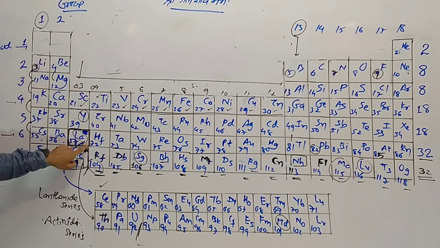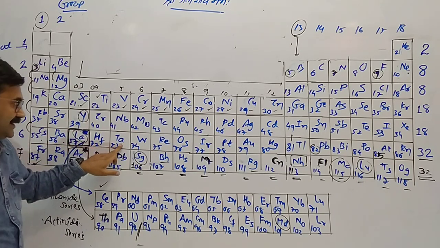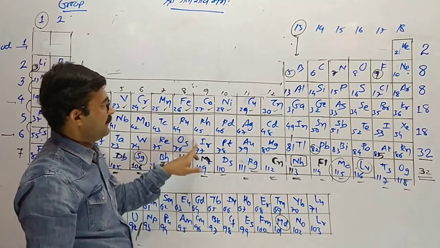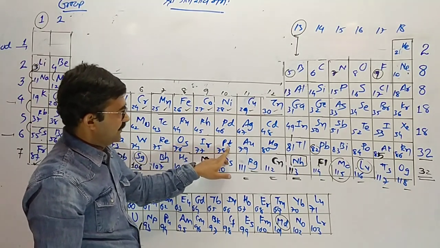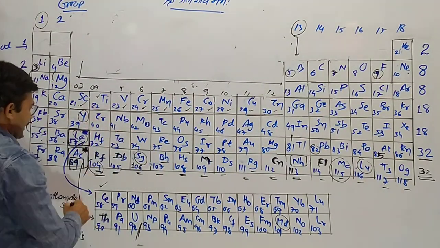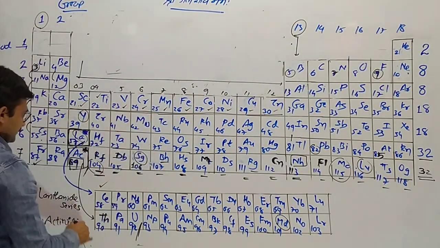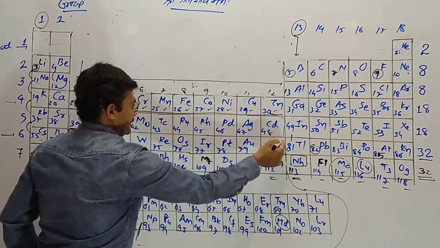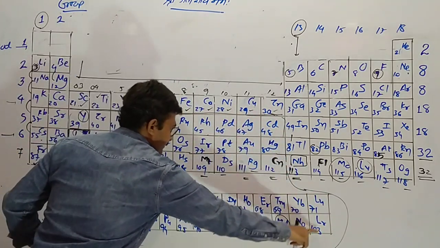So after the 15 are complete, then hafnium, tantalum, tungsten, rhenium, osmium, iridium, platinum, aurum and mercury. No need right now for this portion. We will remember it in 12th.